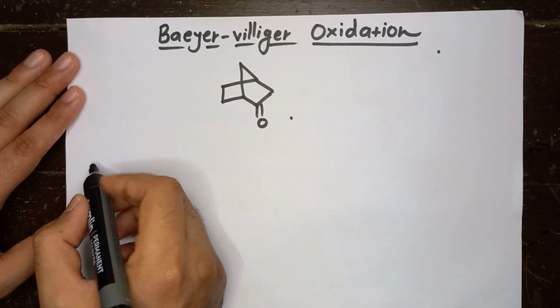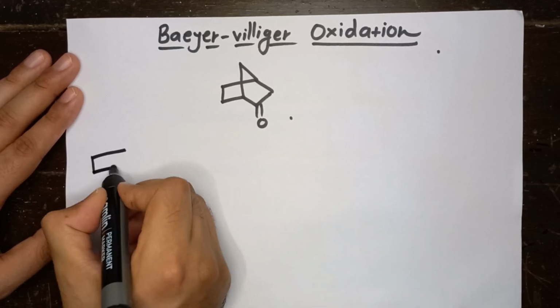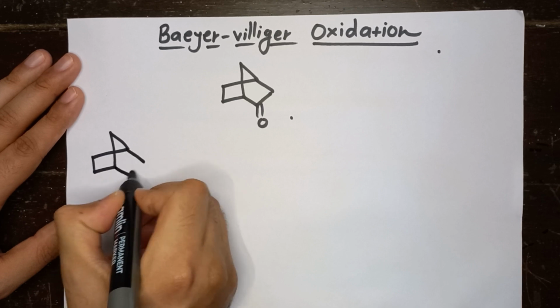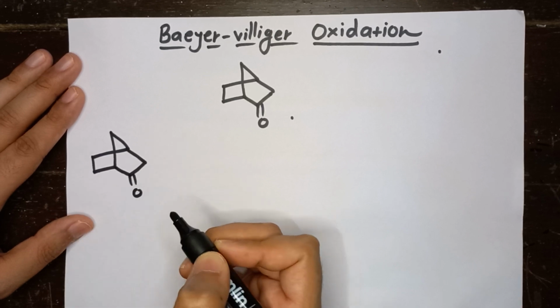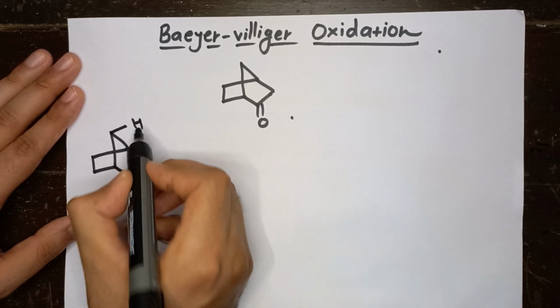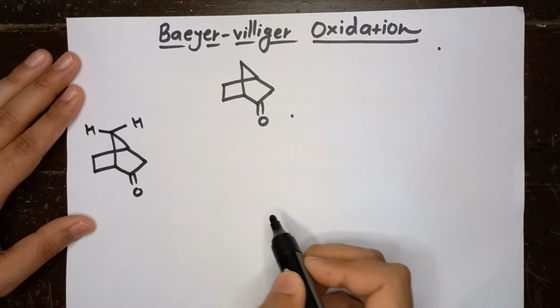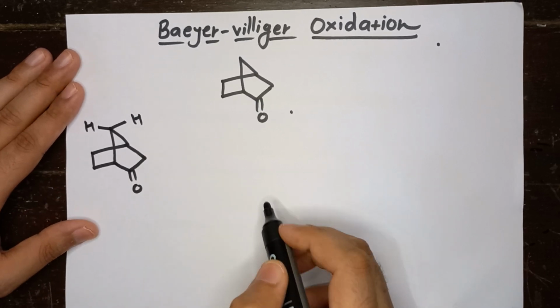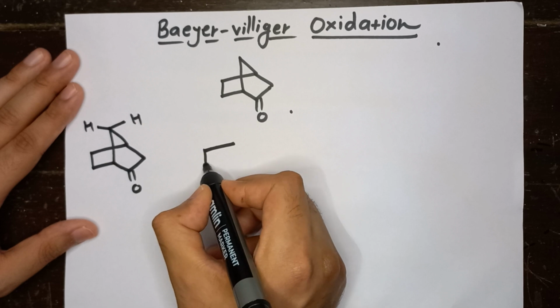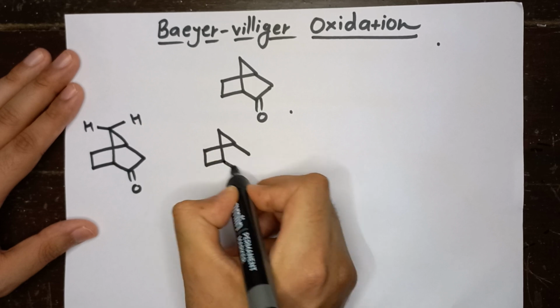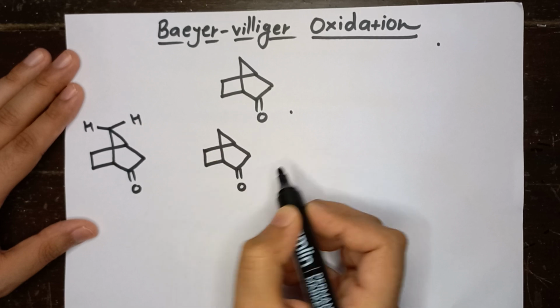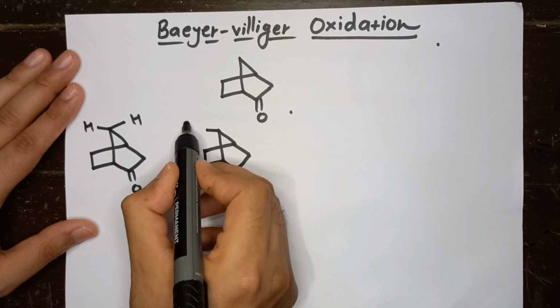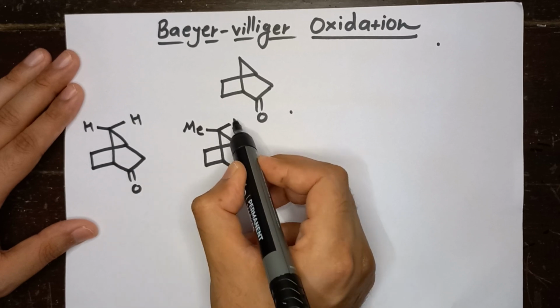So the first one is when you have two hydrogens present here. The second case can be when you have a methyl group on the left side and hydrogen on the right side.